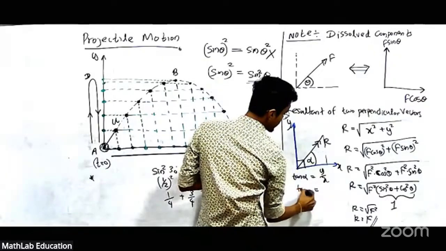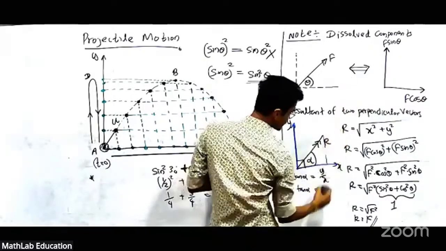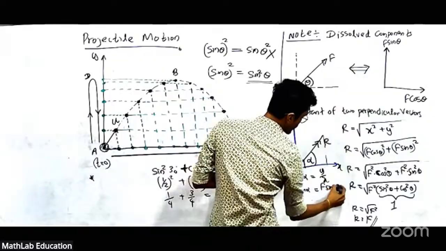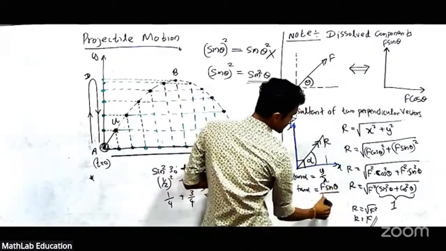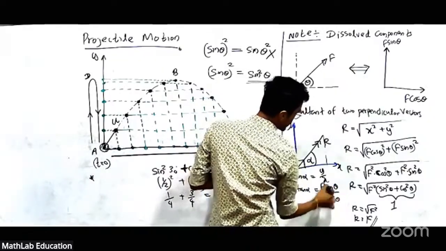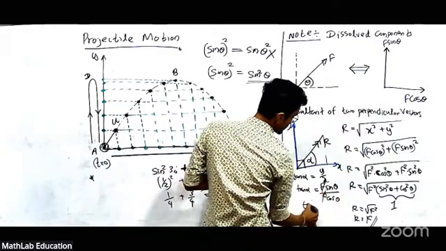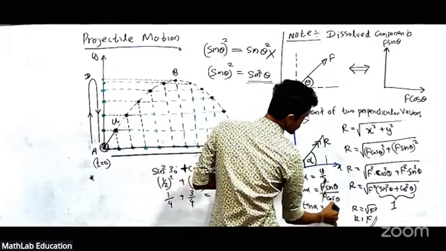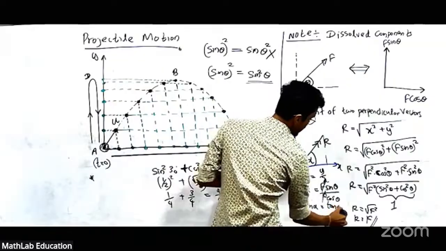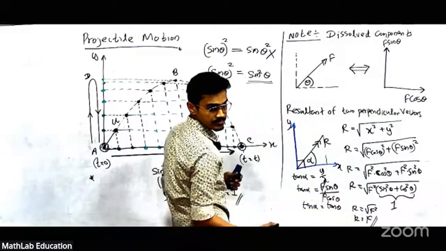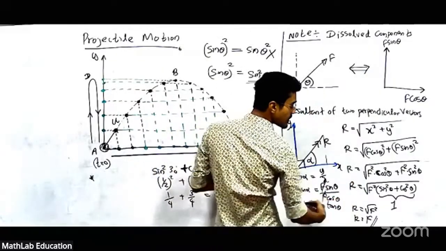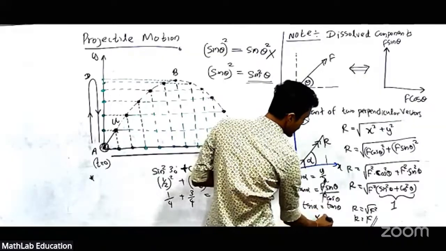Now in my case, y is f sin theta, and x is f cos theta. F and f cancel. Then tan alpha equals sin over cos, which is tan theta. So tan alpha equals tan theta. Hereafter we can remove tan from both sides, which means alpha equals theta.